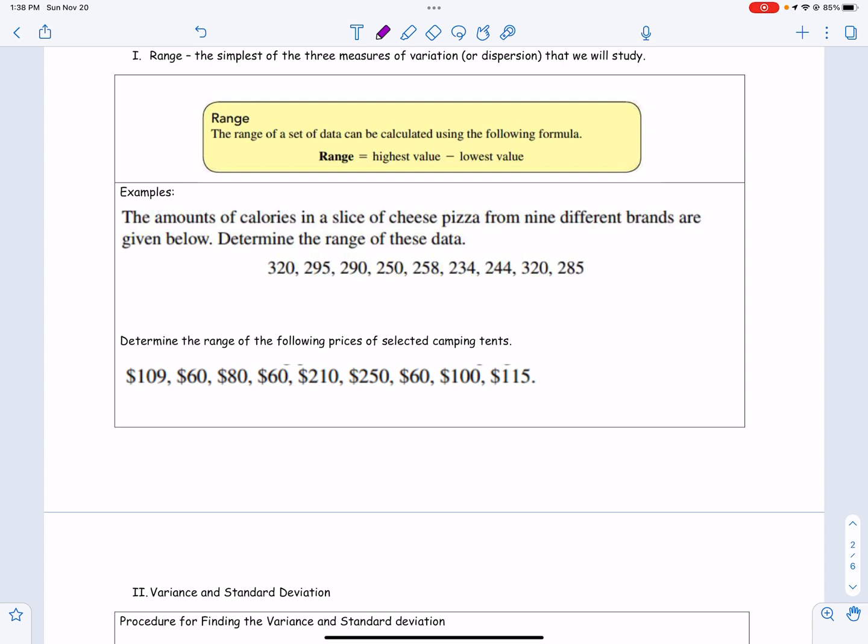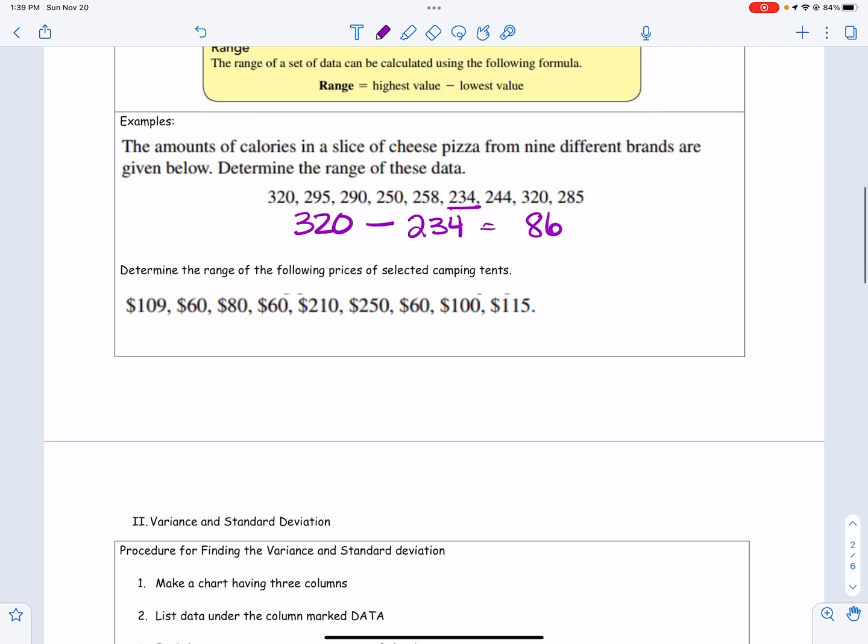So let's find the highest score first. So these are calories in different slices of pizza. So it looks like 320 is the highest, and the lowest appears to be 234. And so when I take 320 minus 234, I get a range of 86 calories.